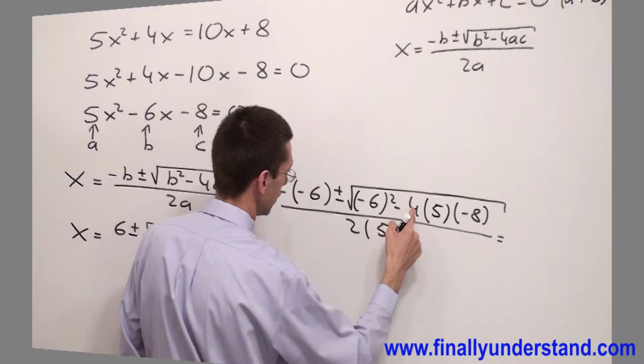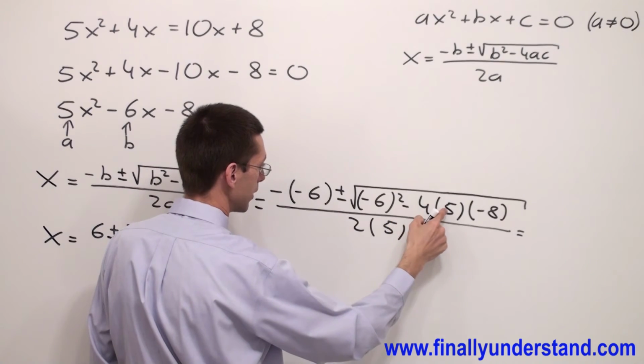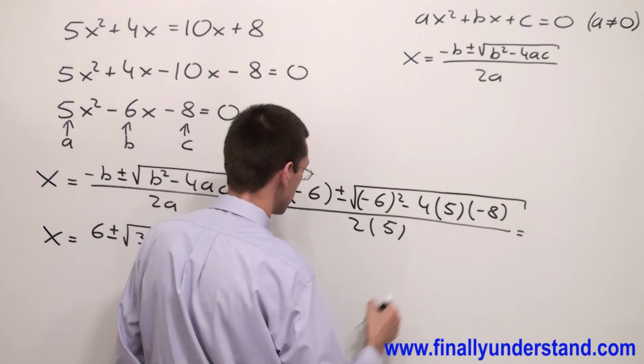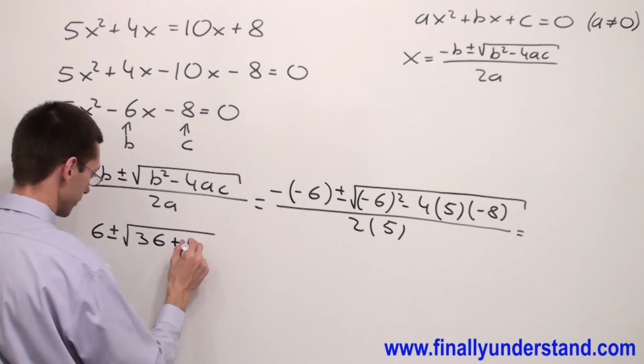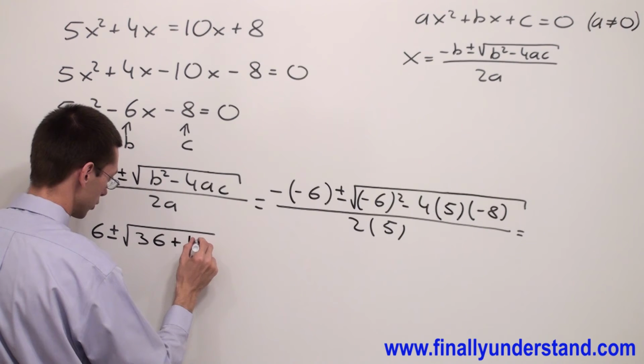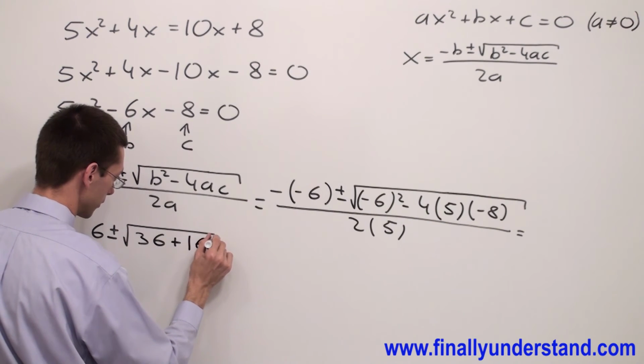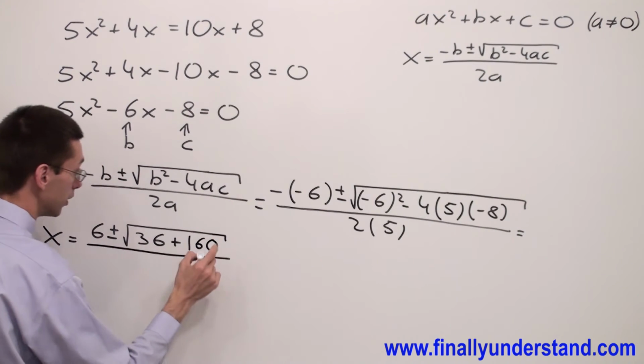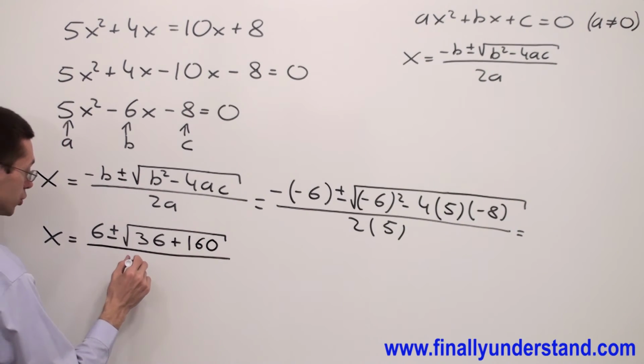And I have 4 times 5 is equal to 20, times 8 gives me 160. So that's why I'm going to write 160 over here. Everything over 2 times 5 is equal to 10.